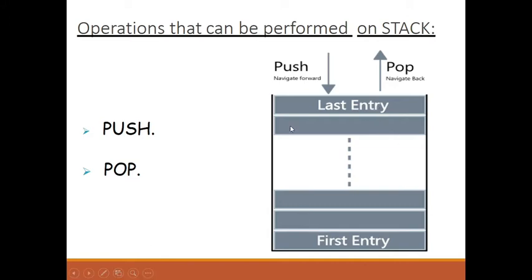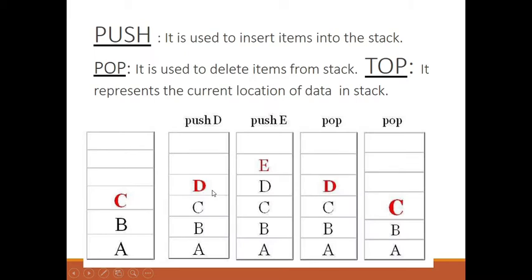The last entry is where we'll be adding an item or data. Push is used to insert items into the stack, and pop is used to delete items from the stack, while top represents the current location of data in the stack.